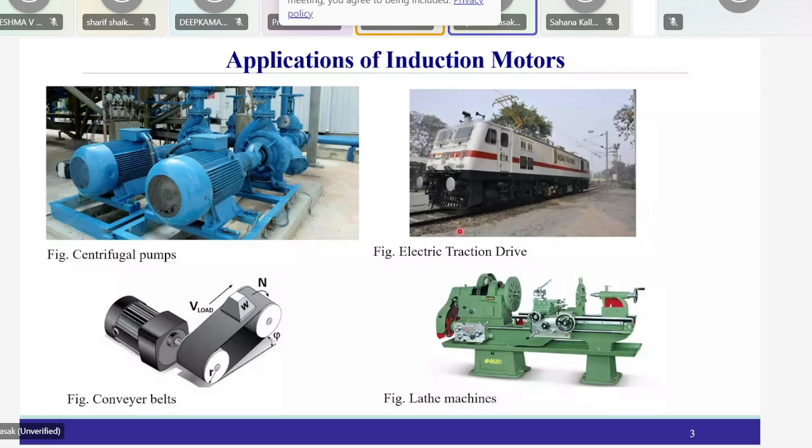As well as in conveyor belts, lathe machines, and even in our households, the majority of the electric motors which are used are based on induction motor systems. That's why this topic is relevant, and we took this up.